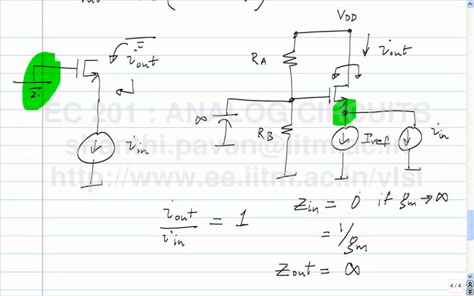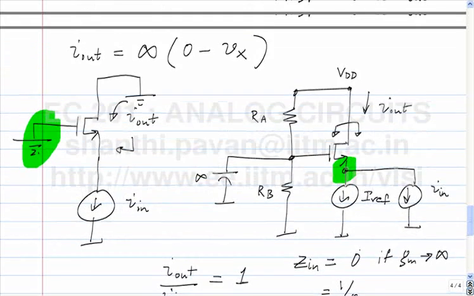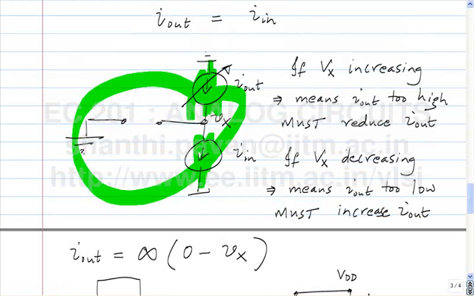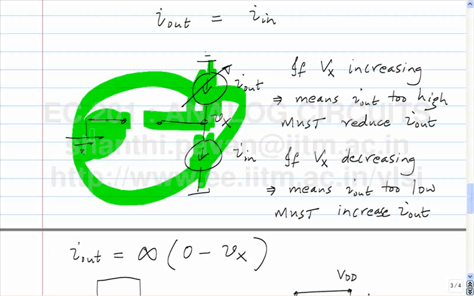It's not necessary that the drain be incrementally grounded, but it is necessary that the gate be incrementally grounded, because we are comparing the drain current with the input current by connecting them in a way that they fight each other, and compare that node potential to ground. So it is important that the gate be grounded.